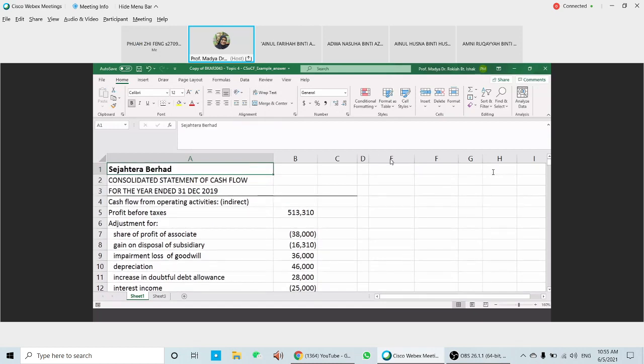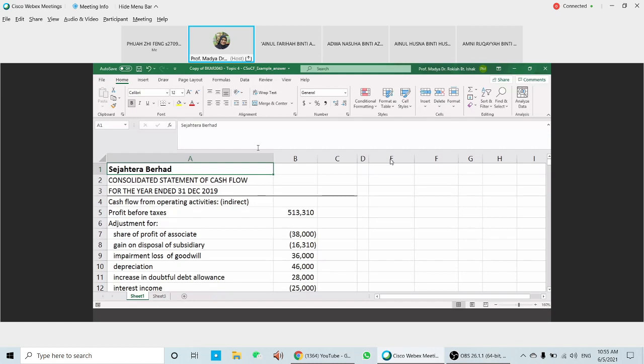The title for the company is Sejahtera Berhad consolidated statement for the year ended. You start with the cash flow from operating activities.